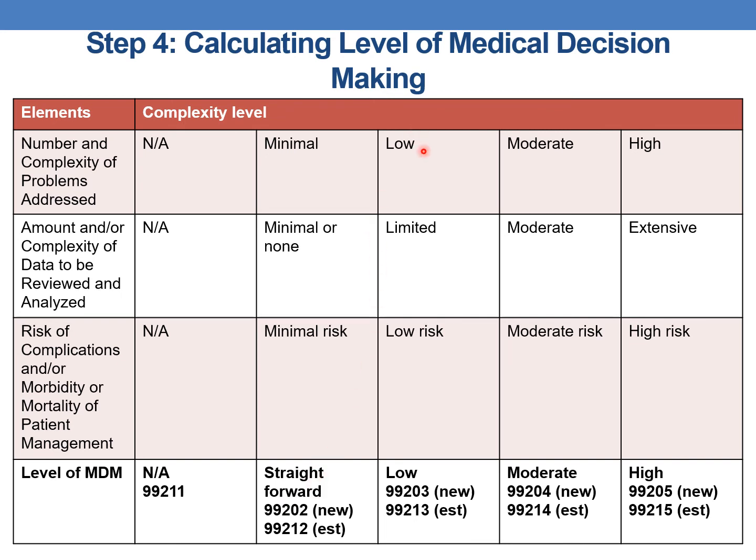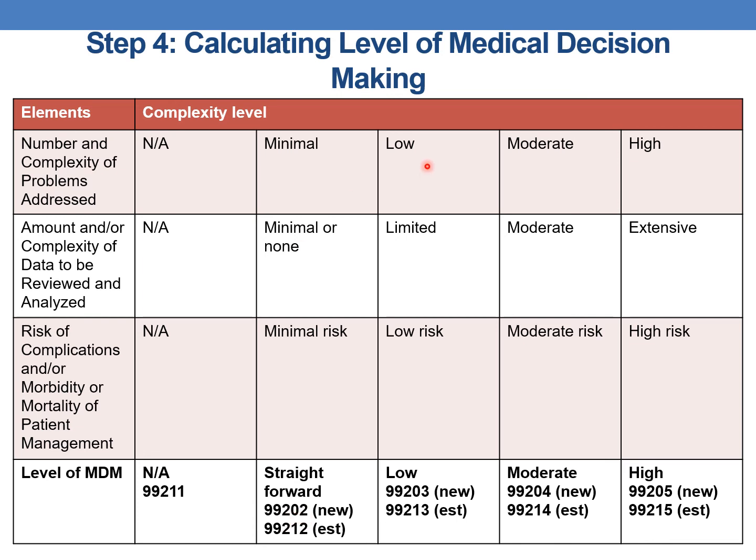And the next, examples of straightforward MDM are 99202, which is a new patient code of office outpatient, and 99212, which is an established patient code for office outpatient services. This we will discuss in the next session.